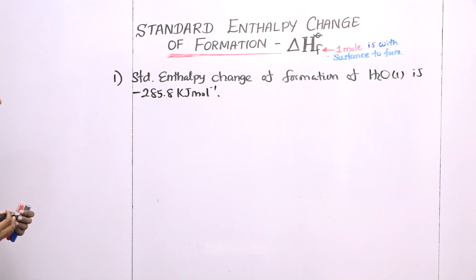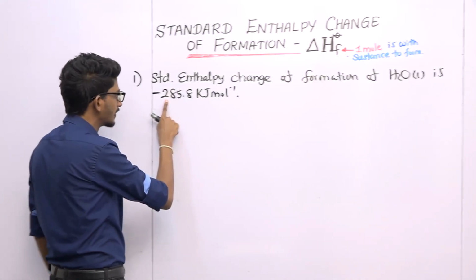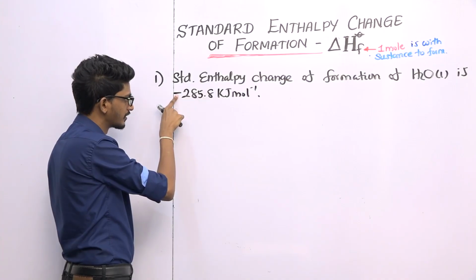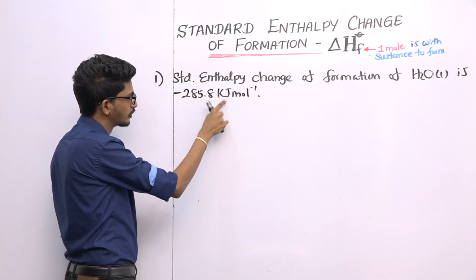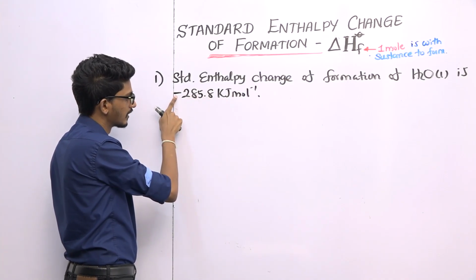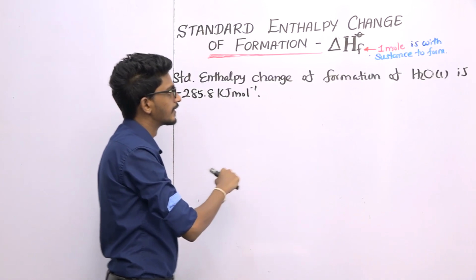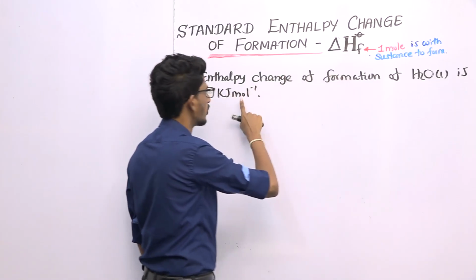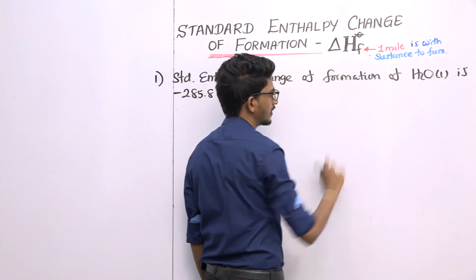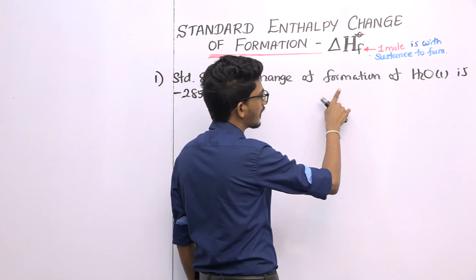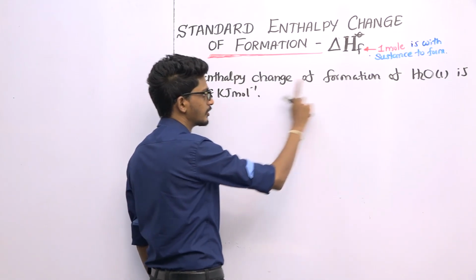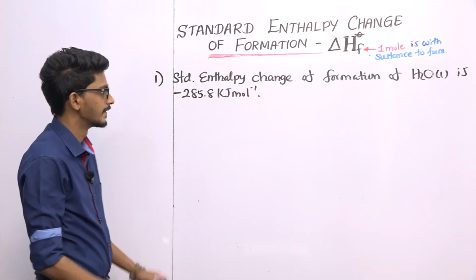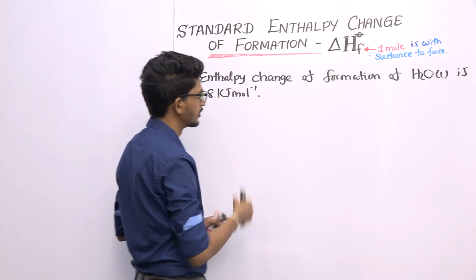That means 285.8 kilojoules of heat will be released when forming 1 mole of H2O liquid. It is all about formation, when forming 1 mole of H2O liquid. Got the idea? Right. Let's try to come up with the thermochemical equation related to this change.